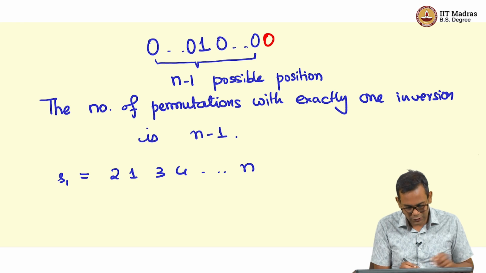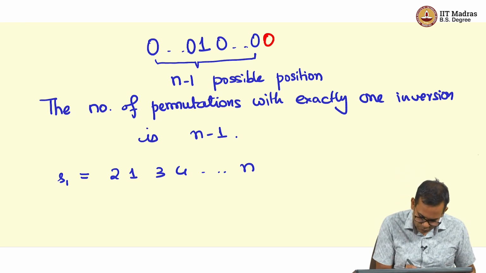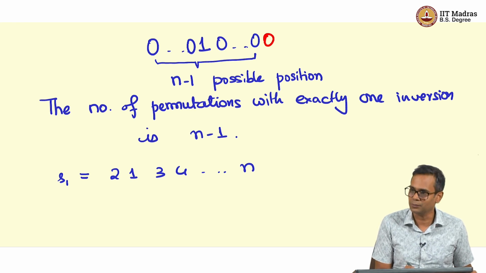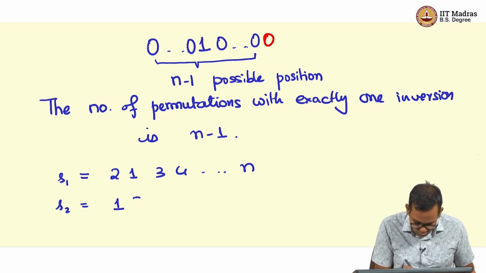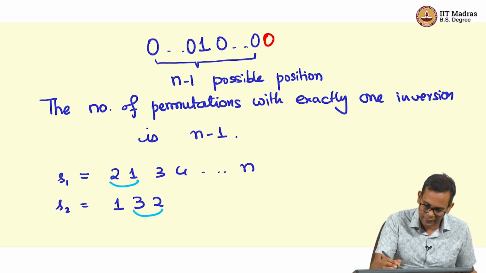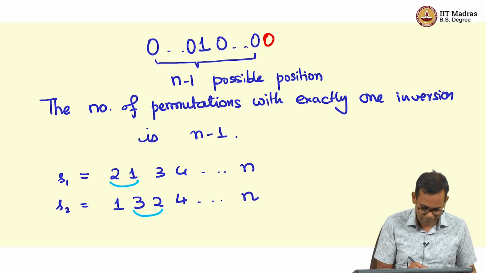This is a permutation where I switched 1 and 2. You can see clearly that this has no inversions except 1 comma 2. Similarly, if I take 2 and 3 and switch them around, here I have switched 1 and 2, here I have switched 2 and 3, and I am leaving everything else exactly as it was in the identity permutation.